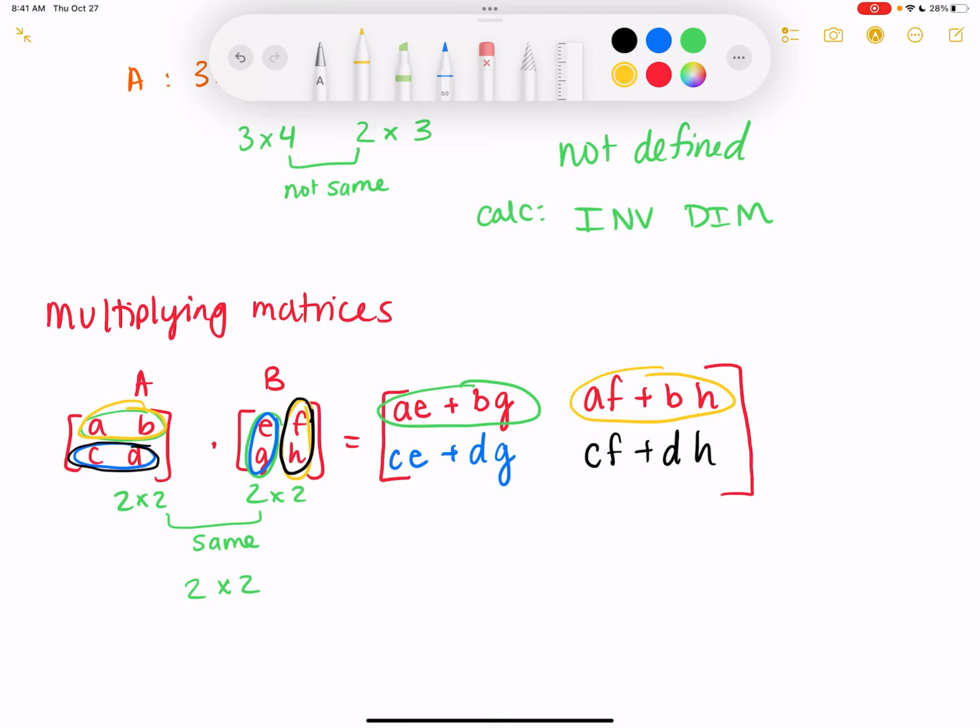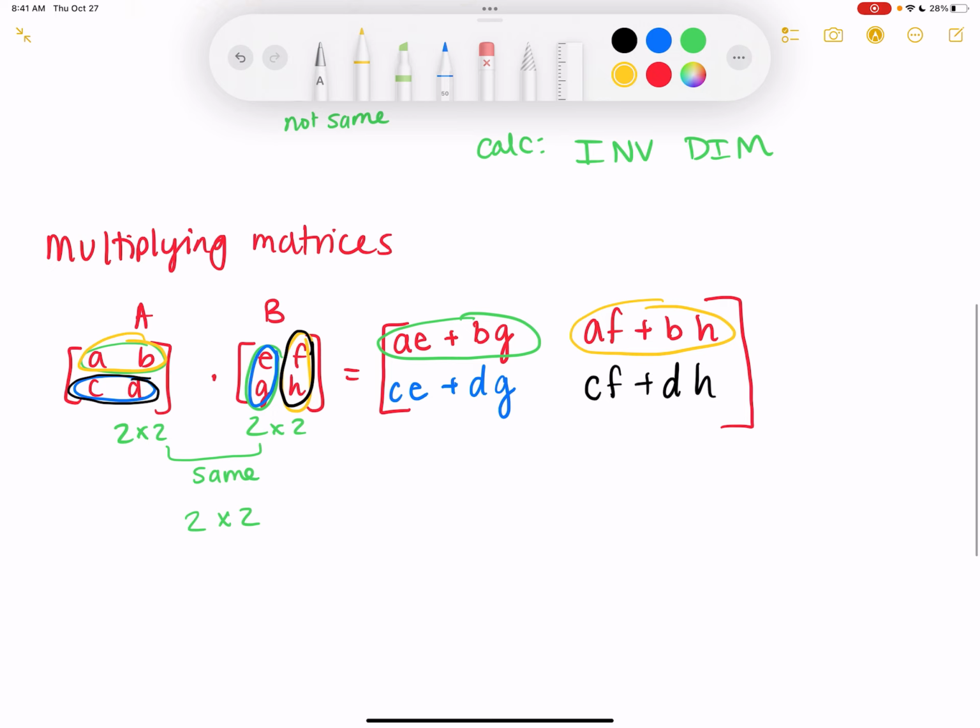All right, so let's look at some examples. So the first one just says to state whether the product AB is defined, and if so, give the dimensions. So this is just saying, like, yes, it is, or no, it is not. So number 4.